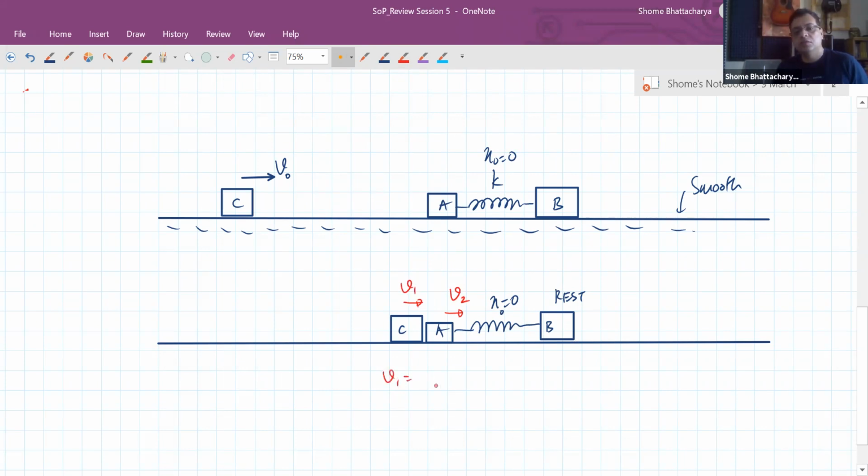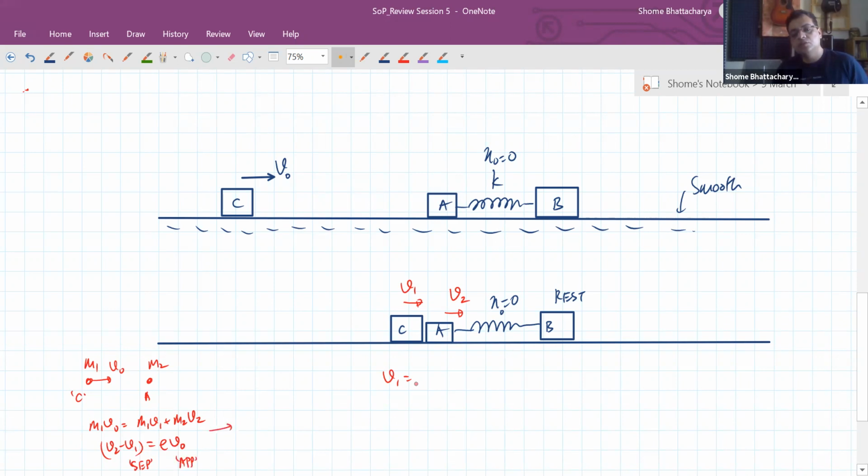So for the collision, we will use this relation, basically for C and A. So M1 V0 is equal to M1 V1 plus M2 V2 after the impact, and V2 minus V1 is equal to E times V0. That separation velocity is equal to coefficient of restitution times approach velocity.